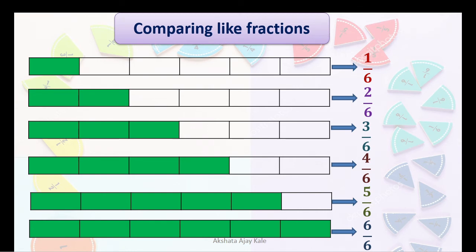Please remember this. We call these like fractions because all have denominator 6, because each figure is divided into 6 equal parts, isn't it? So these are called like fractions.